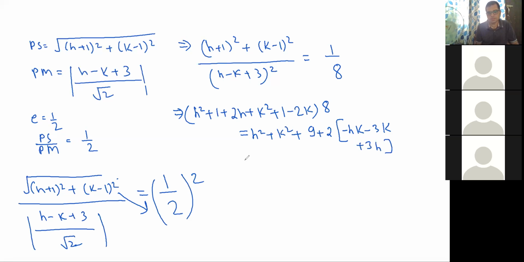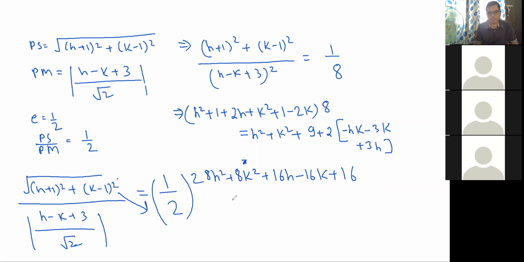Okay, now you open everything. Here you will get 8h square plus 8k square plus 16h minus 16k plus 16.